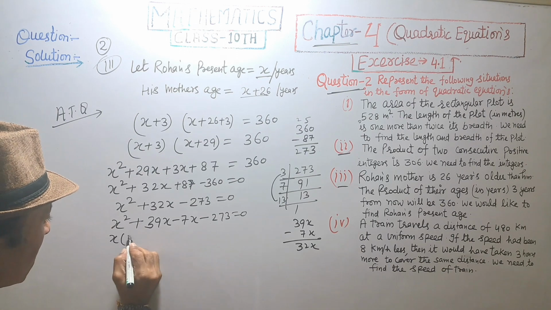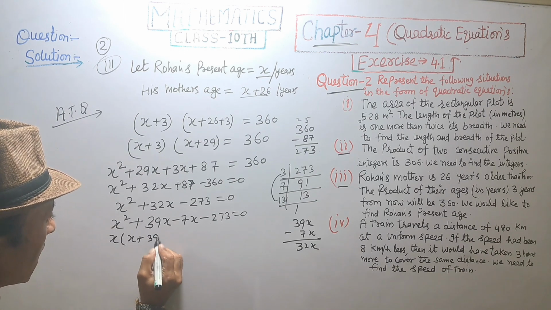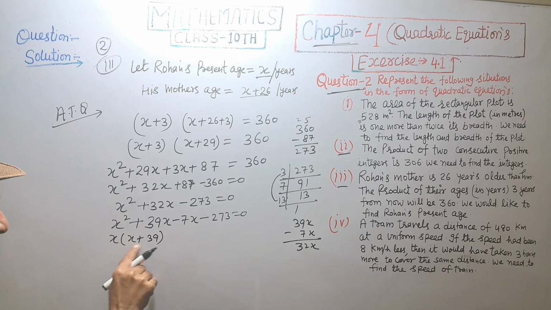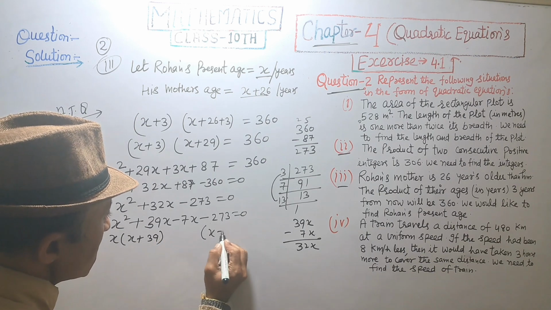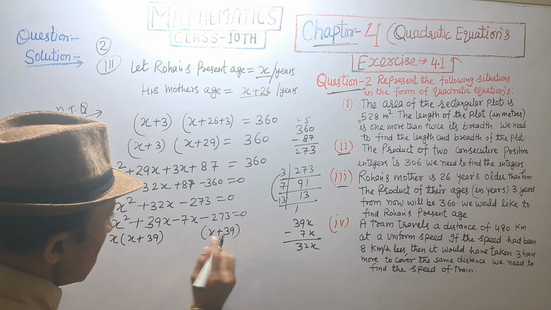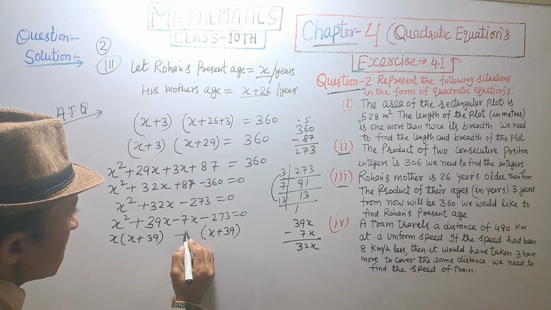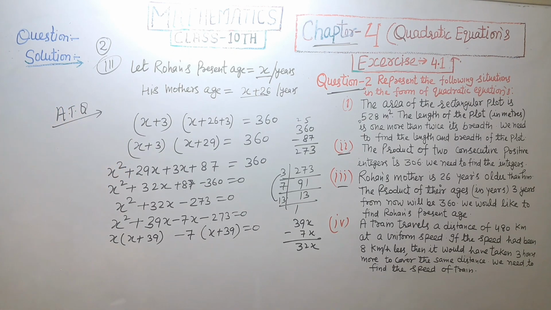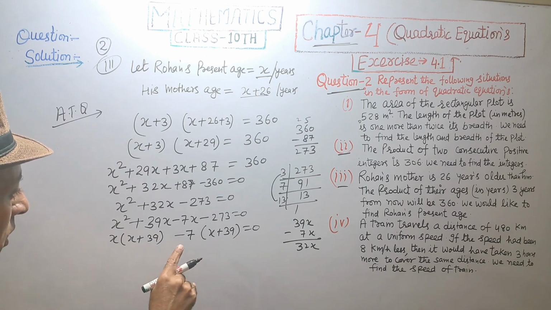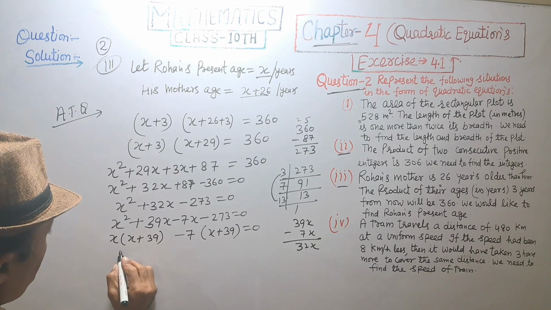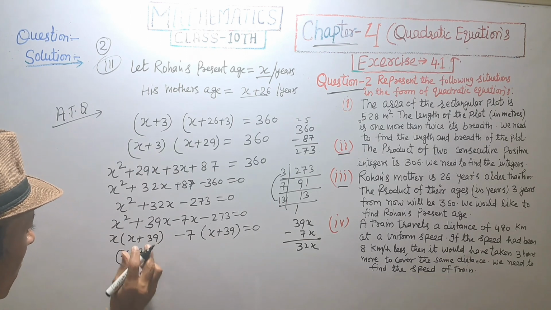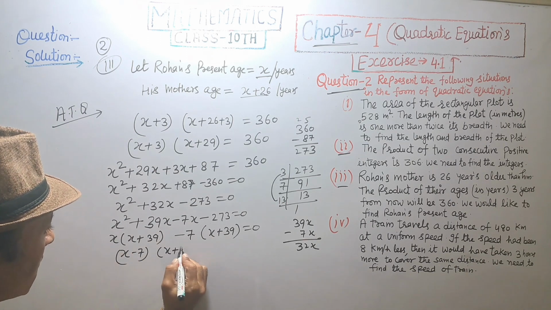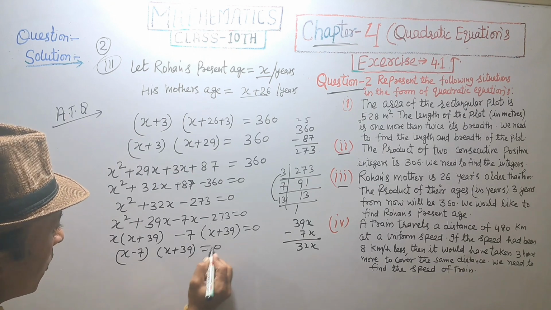So x is common: x times (x plus 39), and minus 7 is common: minus 7 times (x plus 39). So (x minus 7) once and (x plus 39) once is equal to 0.